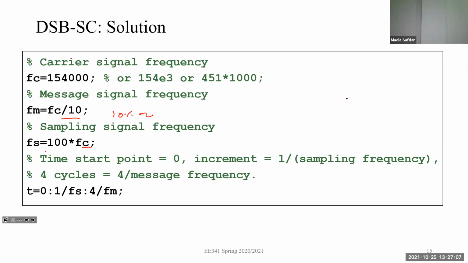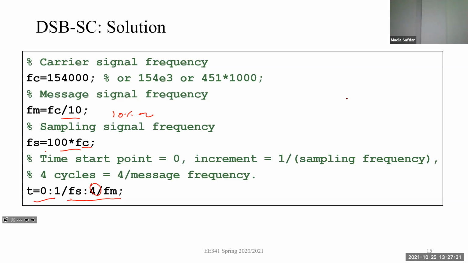Then, this scale I was asking about: 0, 1 divided by Fs, where Fs is the sampling frequency. Always begin from 0. And then remember these points. Always you will define them here and then use them here. And then 4 is constant, right?